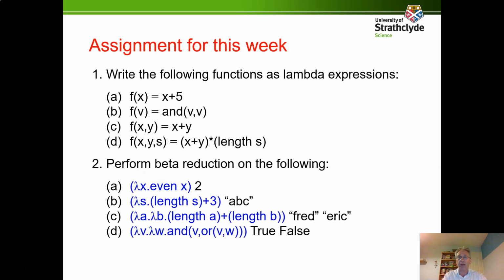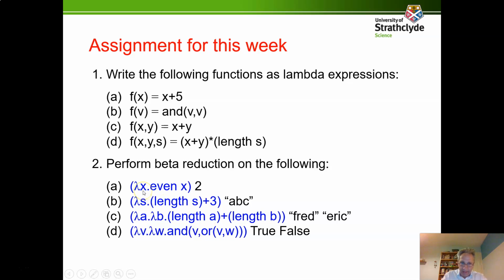So based on all this stuff, I've got some exercises for you so you can check your understanding. So first of all, what I'd like you to do in part 1 is just to write out some functions here as lambda expressions. So all you've got to do is to convert these things. f of x is x plus 5. Convert that into a lambda expression for me. Then what I'd like you to do is to perform beta reduction on the following.